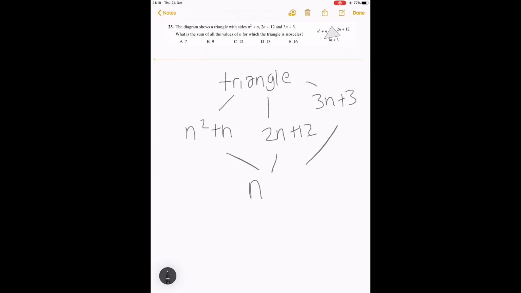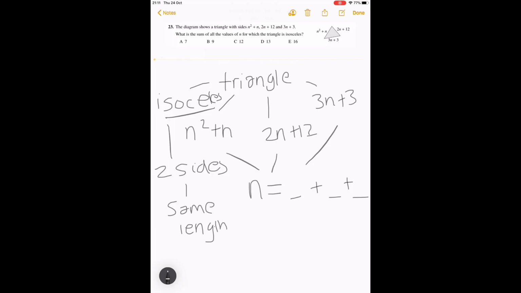There are multiple values of n for which the triangle is isosceles. So isosceles is a key term. What does isosceles mean? Isosceles means that there are two sides that are the same length.